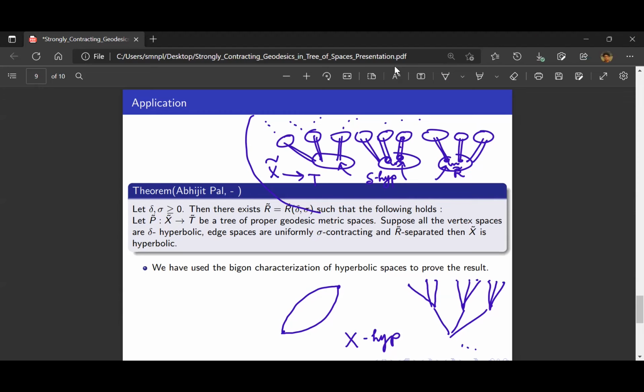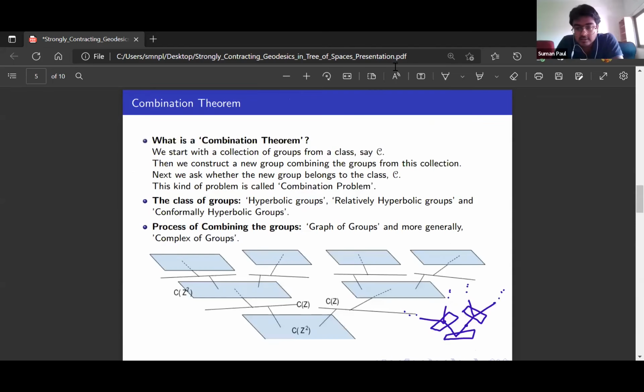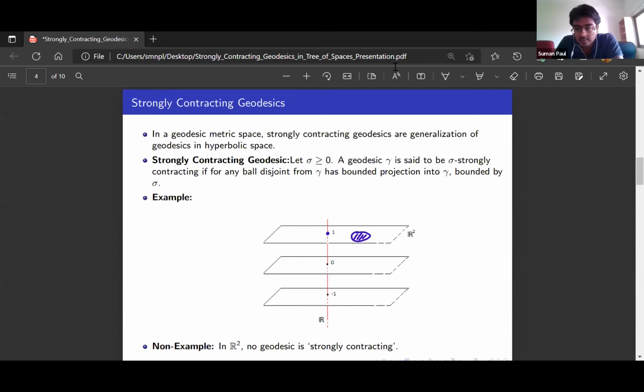You just defined a contracting geodesic for balls outside the geodesic, right? If you consider a ball outside your geodesic, then the projection will have uniformly bounded diameter. Now, instead of balls, you can consider all geodesics that are some distance apart from the given geodesic. That is an equivalent characterization.